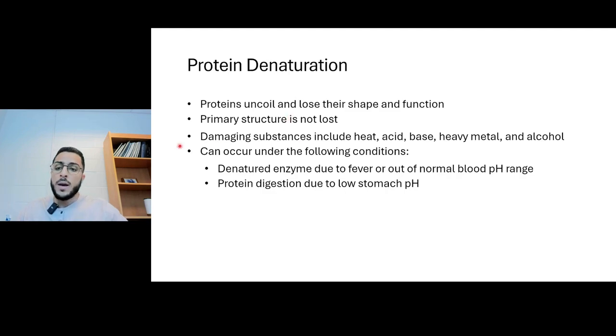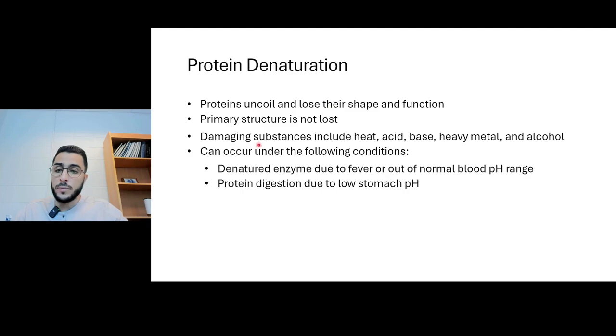Okay. And so things that can damage the secondary and tertiary and quaternary structure of proteins are heat, for example the egg, acid, base, so acid like HCl in your stomach. Heavy metals can interact with the protein and break its secondary and tertiary structure. Alcohol can also affect the shape of these proteins.